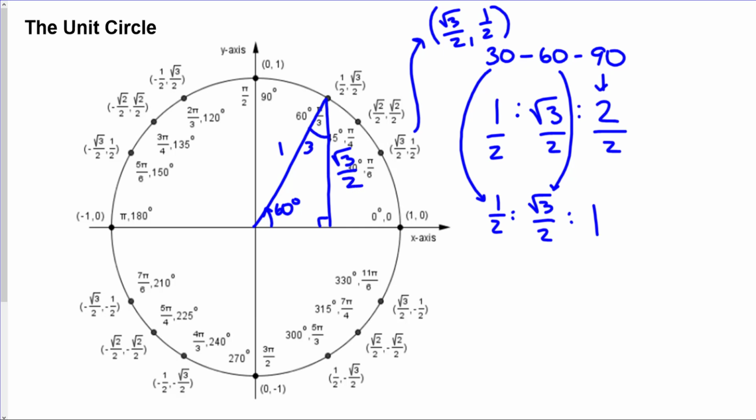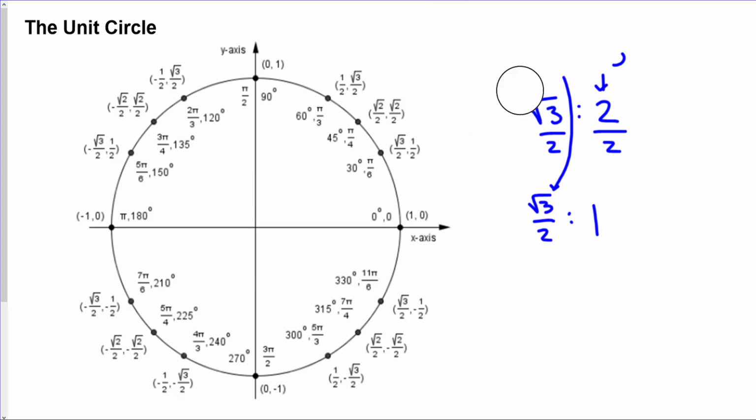Since this angle measure is 30, the side length opposite it is 1/2. So the coordinates x is 1/2 and y is the square root of 3 over 2. So that's where all of these values are coming from. And you can do this all the way around the unit circle, but we're just simply not going to. It'll take too much time.